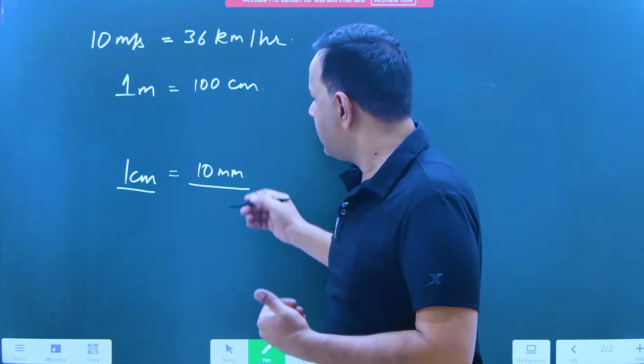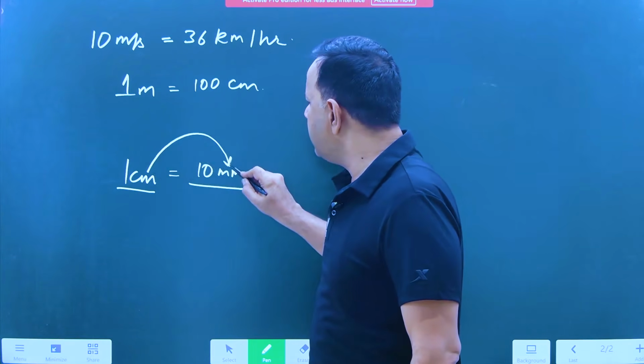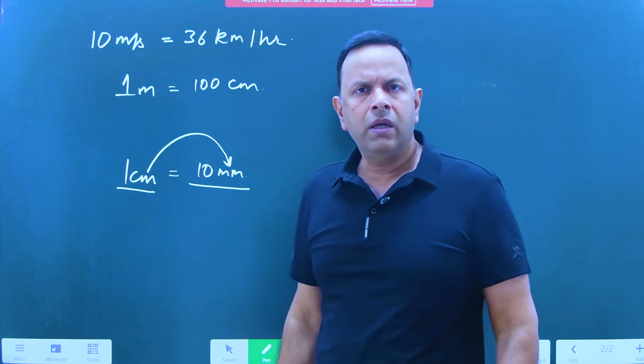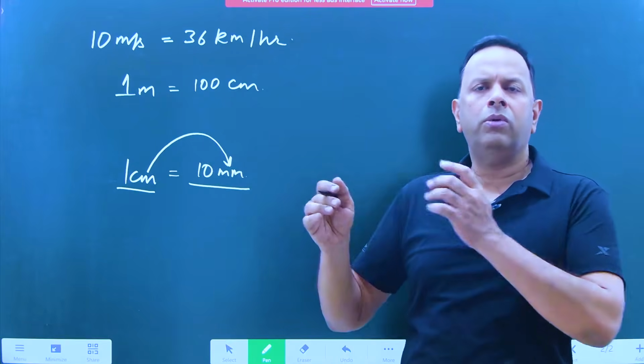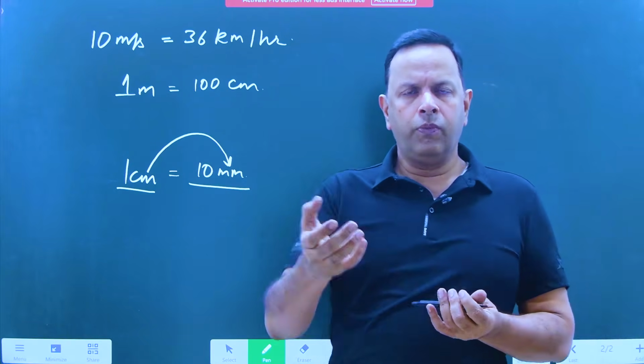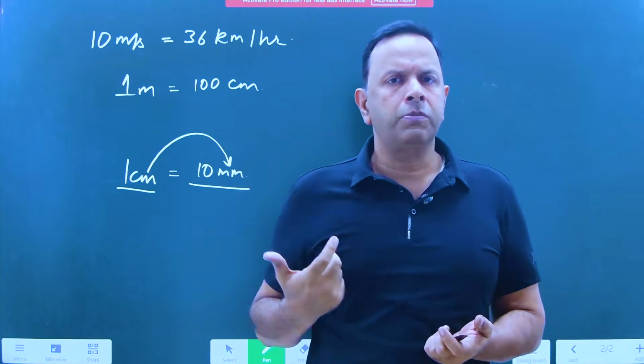Why? Because if you look at the centimeter to millimeter conversion, you will feel that we are converting a bigger unit into a smaller unit, right? I hope you all know that 10 millimeter is equal to 1 centimeter. So certainly millimeter is smaller.